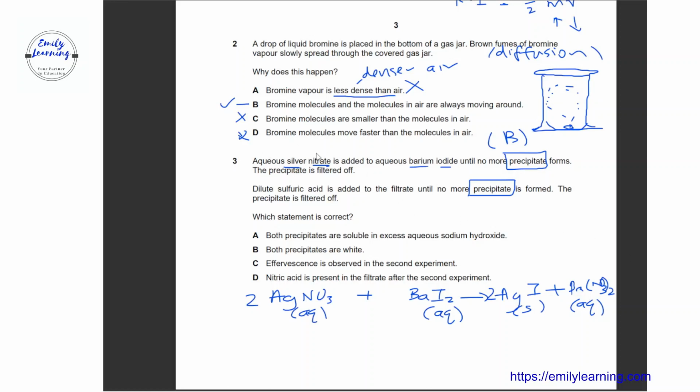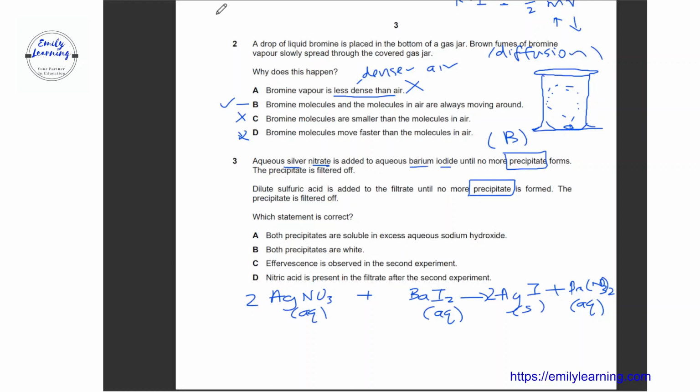You start off with silver nitrate, so you won't get silver nitrate again. You don't have cations combining with cations, so you cannot have silver barium. You also cannot have anions combining with anions, so you cannot have nitrate iodide. So you have silver nitrate and barium iodide. The product formed during precipitation is basically they swap their partners or their anions. So silver will combine with iodide and barium will combine with nitrate.